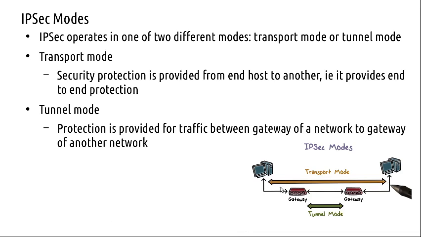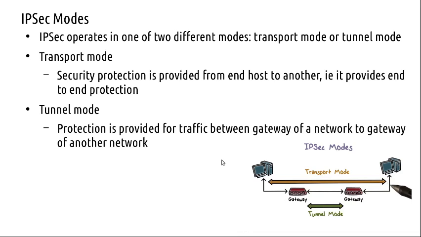The transport mode provides end-to-end protection between two hosts, whereas the tunnel mode is between two gateways, say between two routers, like a tunnel. This is one way in which virtual private networks operate. So either transport mode or tunnel mode, these are the two modes in which IPsec operates.